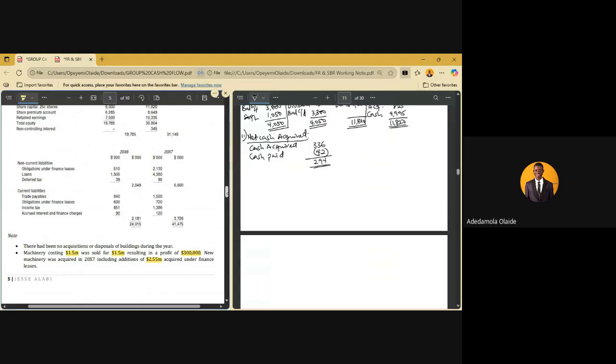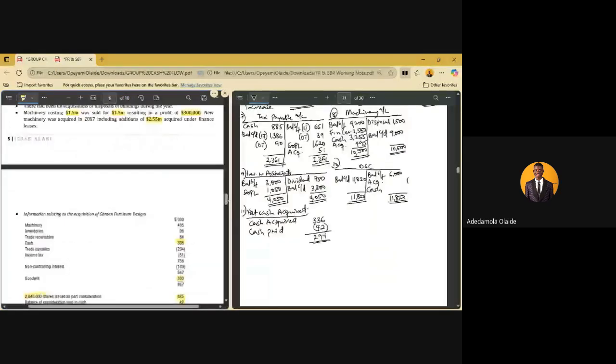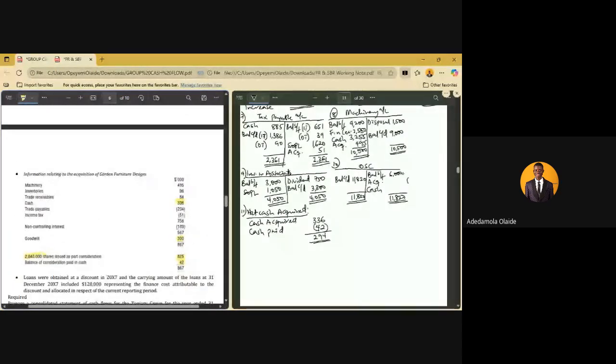What should be the value here? $2,640,000 times 0.25, that's 25 cents.